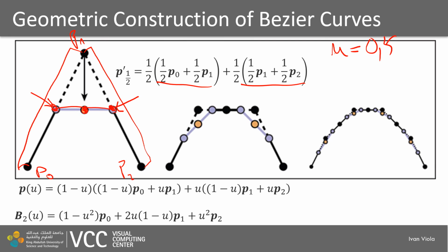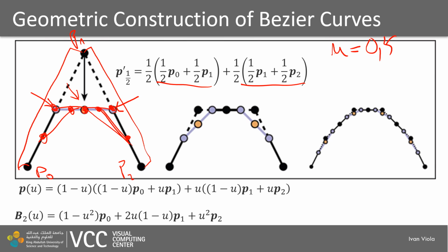And now, even if we continue this operation of halving, connecting another point here as a half, and connecting it here with the half, we will find out that this point always stays at its same position.